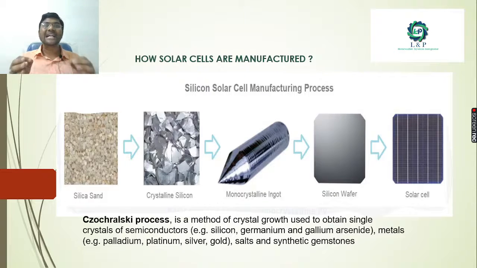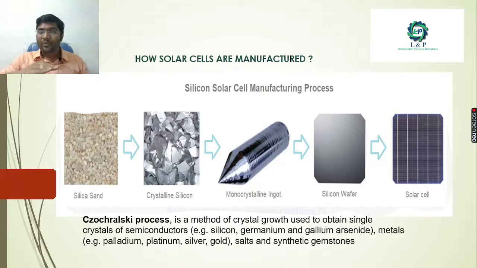The silicon sand, processed with this method, is converted into crystalline silicon. Then this crystalline silicon is melted and formed into monocrystalline ingots. Through slicing and cutting, we take the silicon wafers, and from the silicon wafers we prepare the silicon cells. In some cases we have a doubt: if this is a monocrystalline ingot, how will the polycrystalline be made?